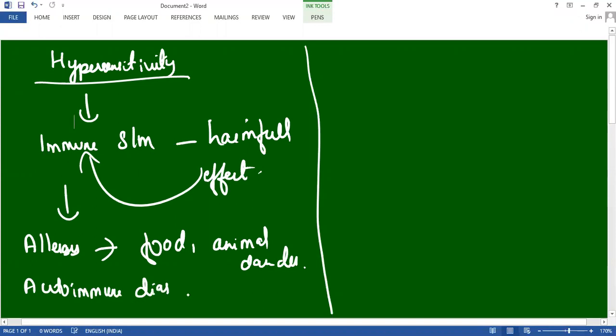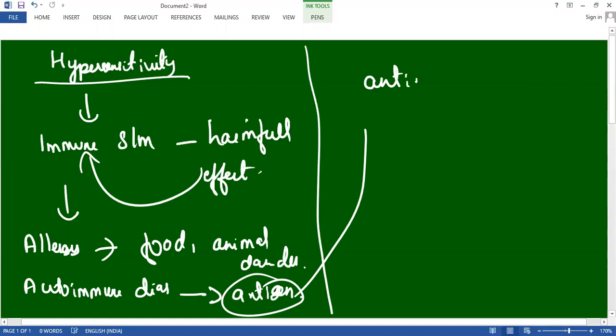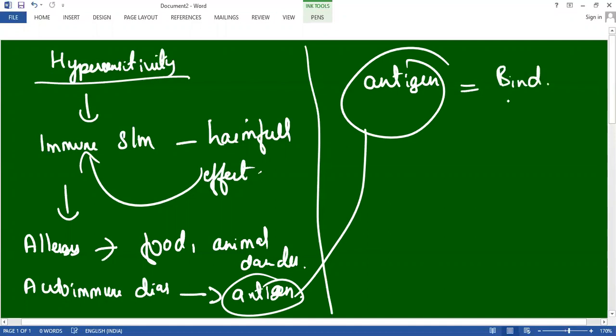Autoimmune disease is an abnormal immunological response that is directed against an antigen that is actually a part of the body itself. The antigen gives a way; it binds the path to the particular organ so that it flows easily.